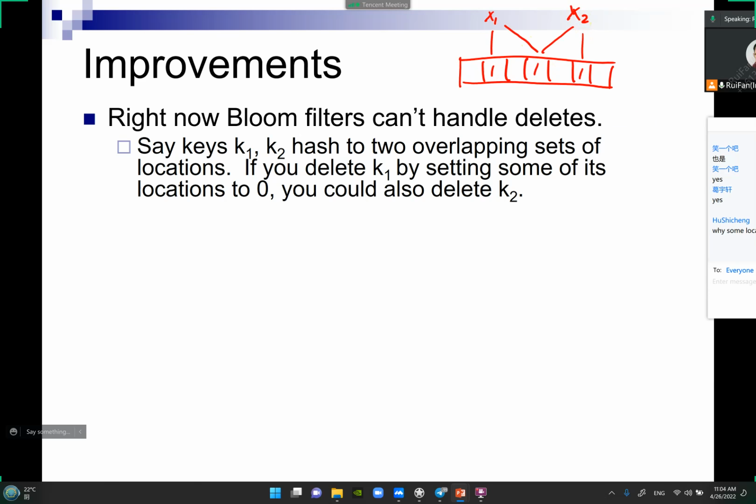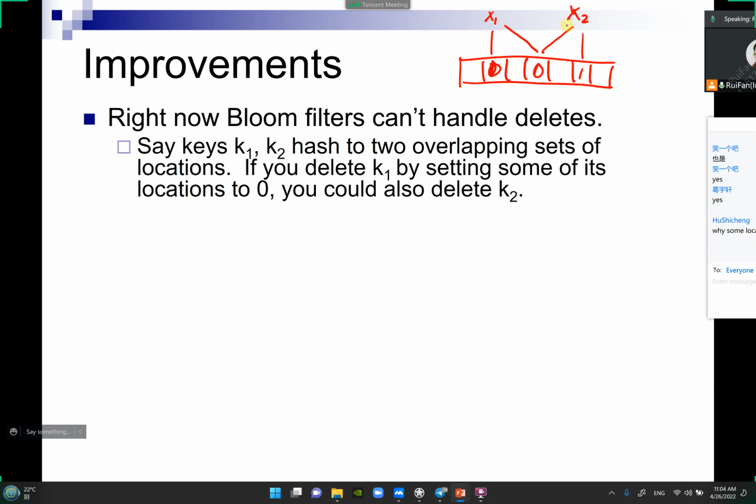Now, suppose you want to delete x1. One simple thing you can try to do is set all of the x1 locations to be zeros. So basically you set this location to be a 0, and you set that to be a 0. Then you've deleted x1. But the problem is that you've also deleted x2 if you do this.